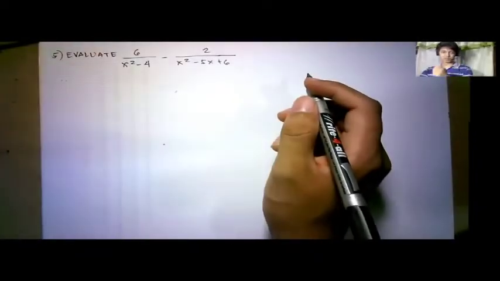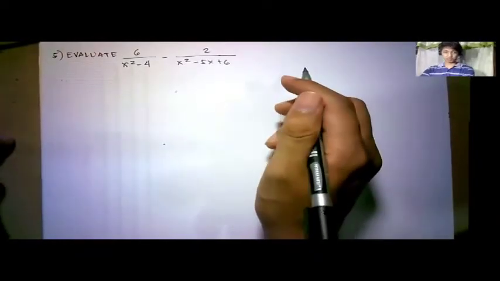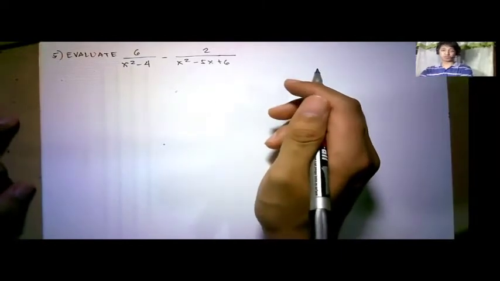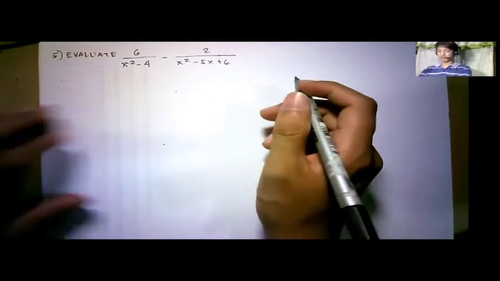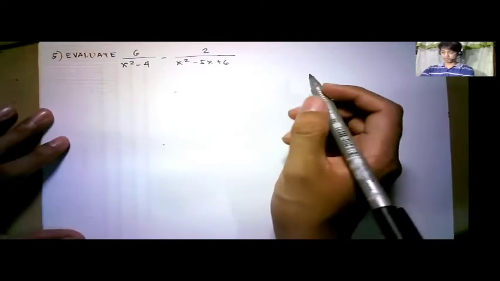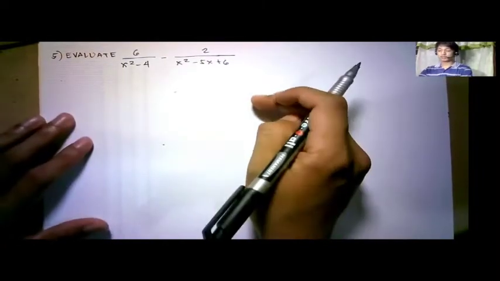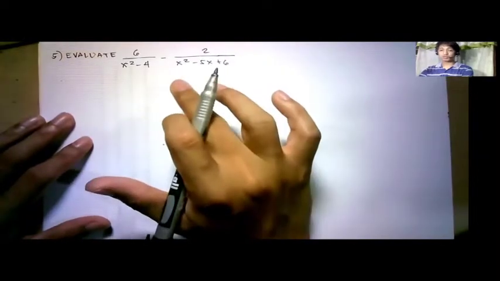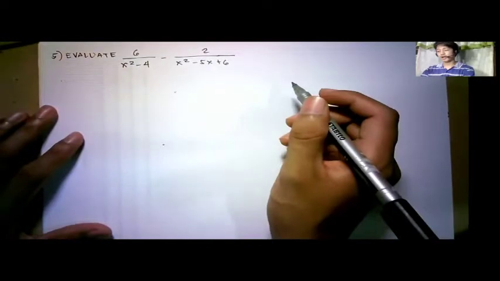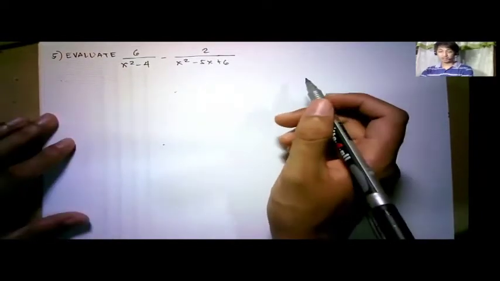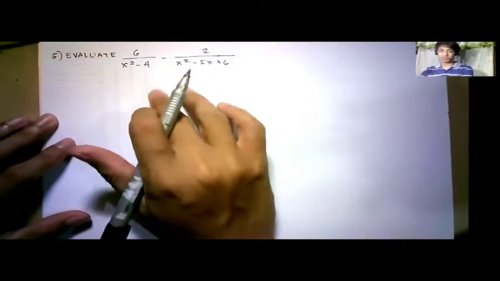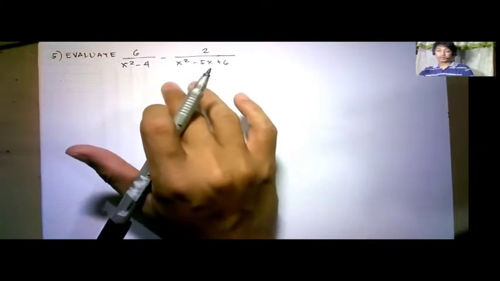Okay, for example number 5, evaluate 6 over x squared minus 4 minus 2 over x squared minus 5x plus 6. So we can evaluate these two dissimilar rational expressions by getting their LCD in order for us to transform these two rational expressions into similar rational expressions.